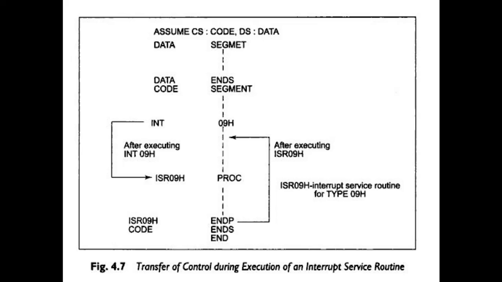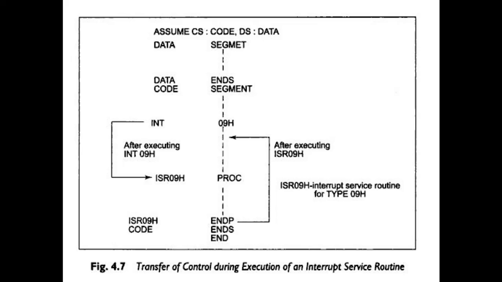So we transfer the control to the corresponding location, fetch the procedure or interrupt service routine, and execute that procedure. We can see that ISR09H is a procedure corresponding to that interrupt type.